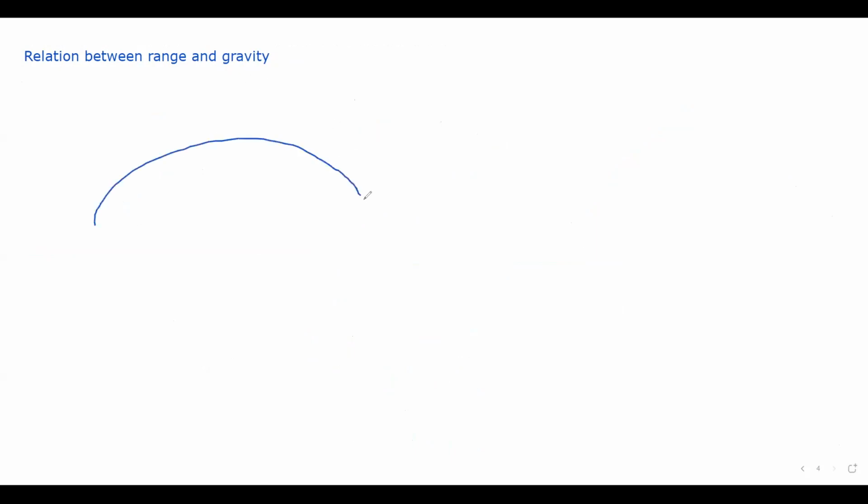If we launch two projectiles with the same angle, same initial speed, but different values of gravity, like one is 9.8 meters per second squared, another one is 1.6. So if the gravity is weaker, the projectile will remain in air for a longer period of time, so the range will also increase.